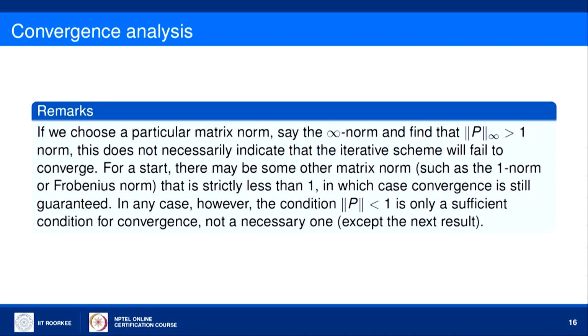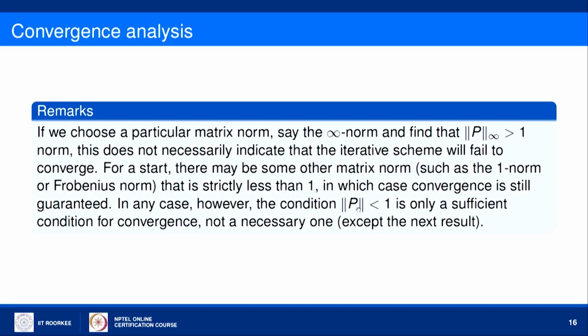And moreover, there may be some other matrix norm, such as the 1 norm or Frobenius norm, that is strictly less than 1, in which case convergence is still guaranteed. So, if even one norm is less than 1, that will do our job, and we can say for sure that the iterative scheme will be convergent for any initial solution. So, in any case, the condition that the norm of the iteration matrix P is less than 1 is only a sufficient condition for convergence, not a necessary one.